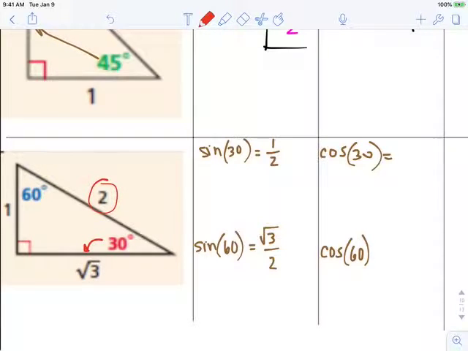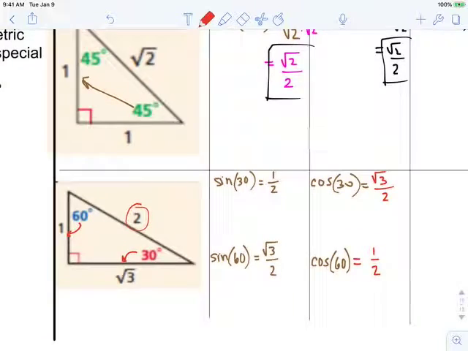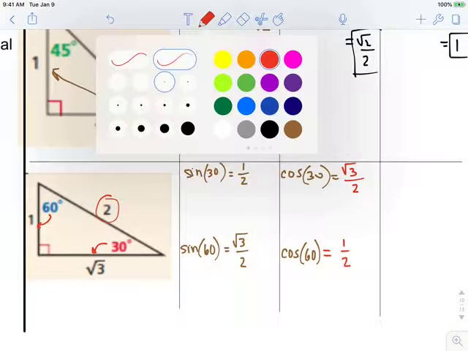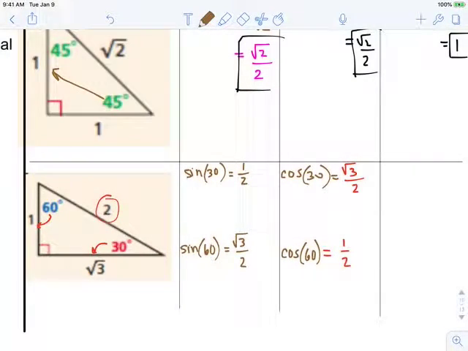So that is square root of 3 over 2. Cosine of 60, adjacent over hypotenuse. So that is 1/2. All right. Everybody good on those? Okay.